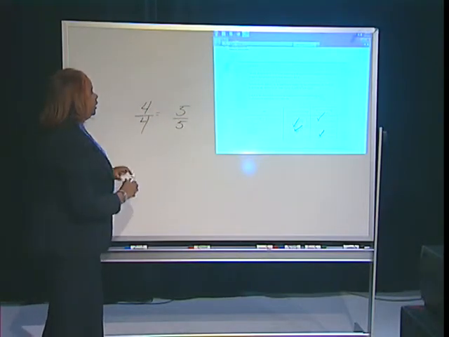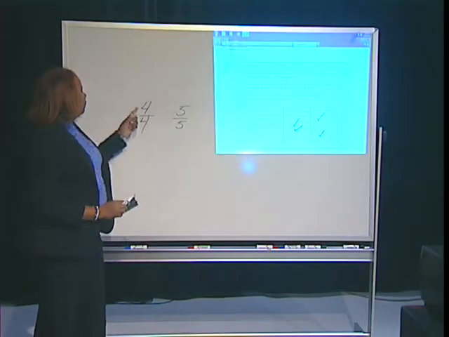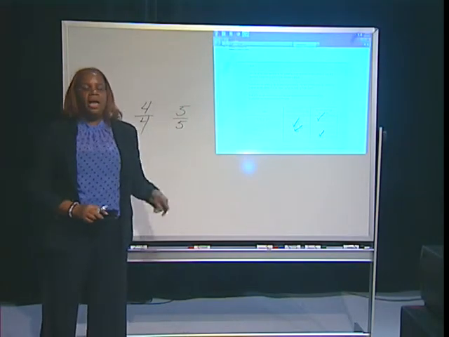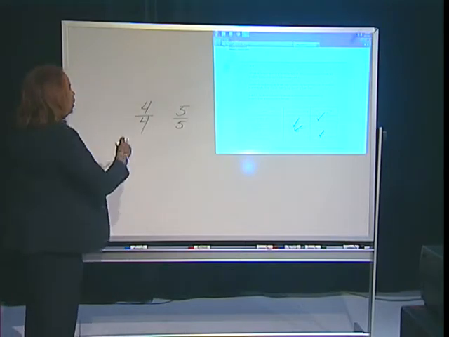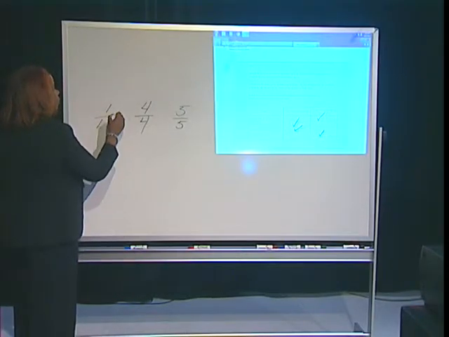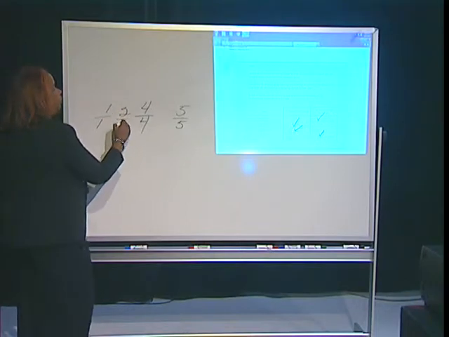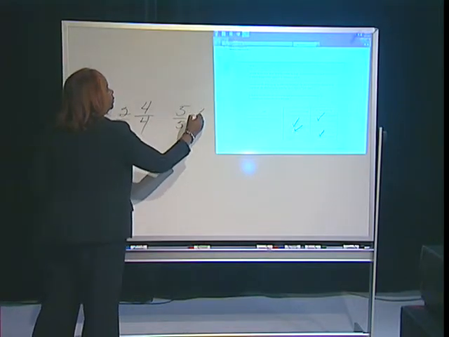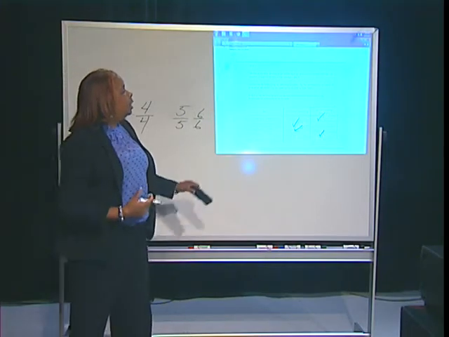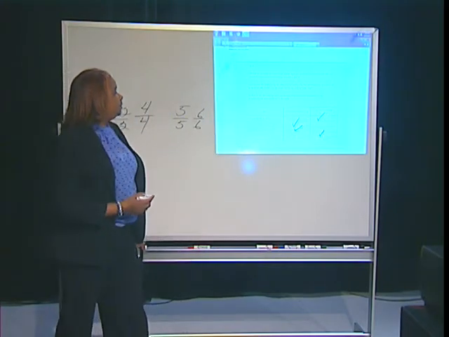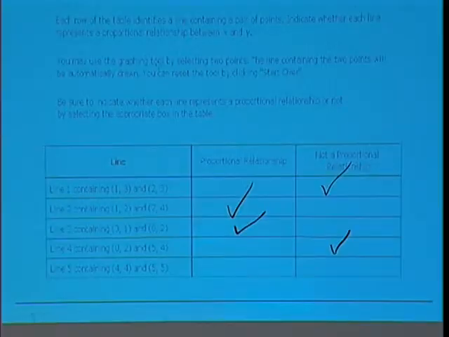Every 4, it will be 4. We look at this a little differently. It will continue with, I could also have 1 over 1, 2 over 2, also 6 over 6. So all of these are equivalent proportional relationships. So line 5 is also a proportional relationship.